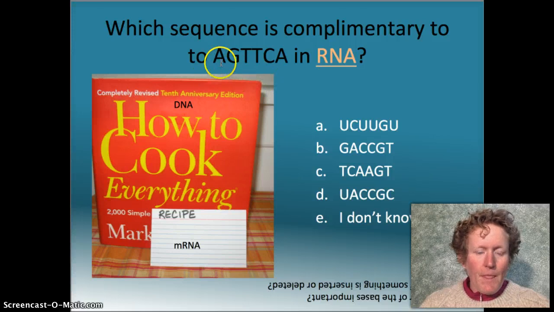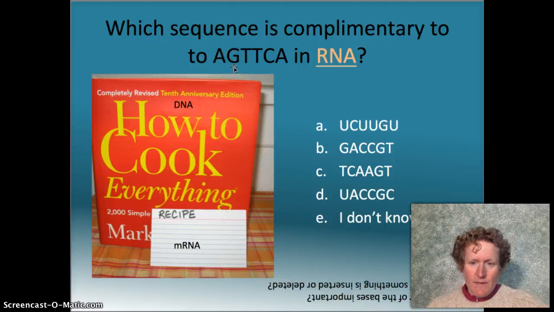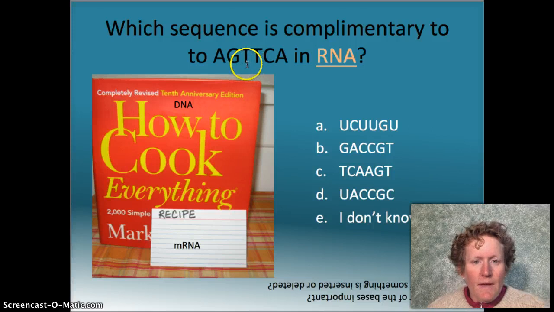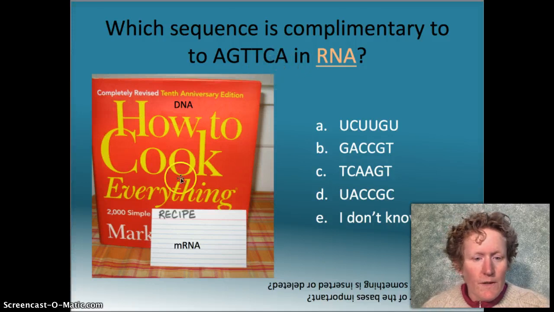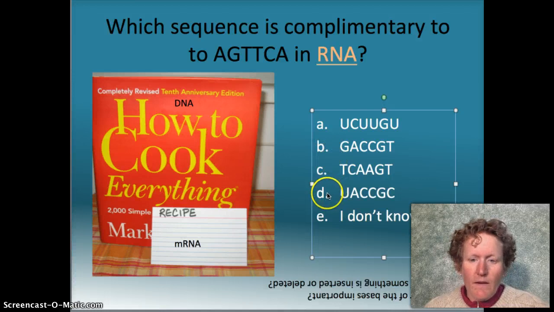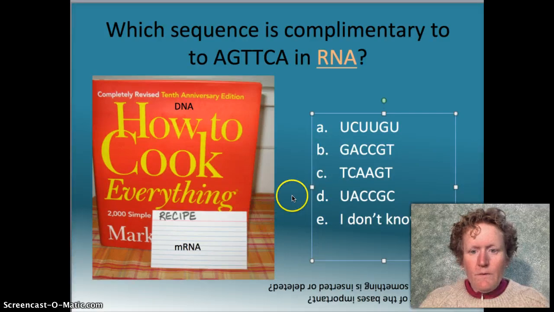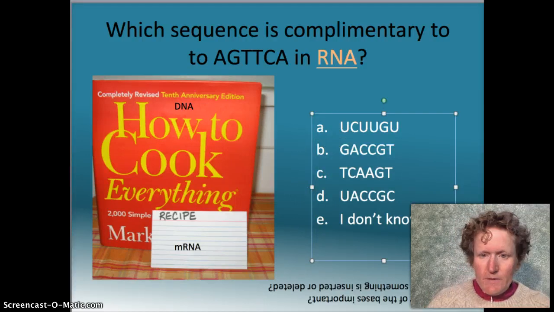So here we're looking for a U to start off with, then a C, then two U's, a G, and then a U. If you guessed C, D, or B, you're incorrect. If you guessed A, congratulations.